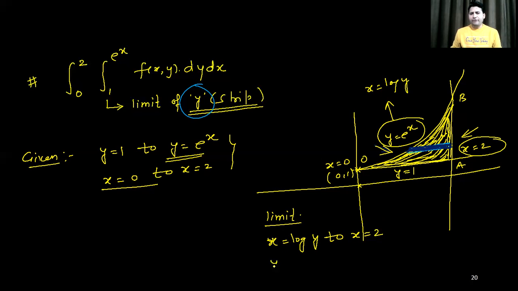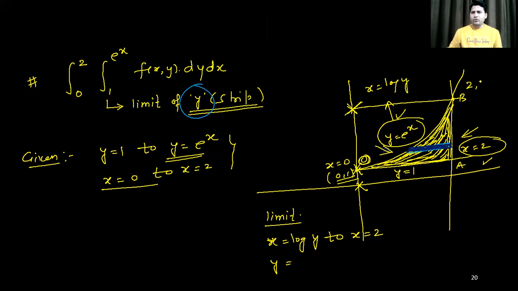What about the limit of y? The variation is not from 0; the variation is from this point, which is 0, 1, up to the point where I draw the perpendicular, like this. So I need the coordinates of this point also. For that, I need to solve for coordinate B. B is the intersection of the line x equal to 2 and y equal to e power x.